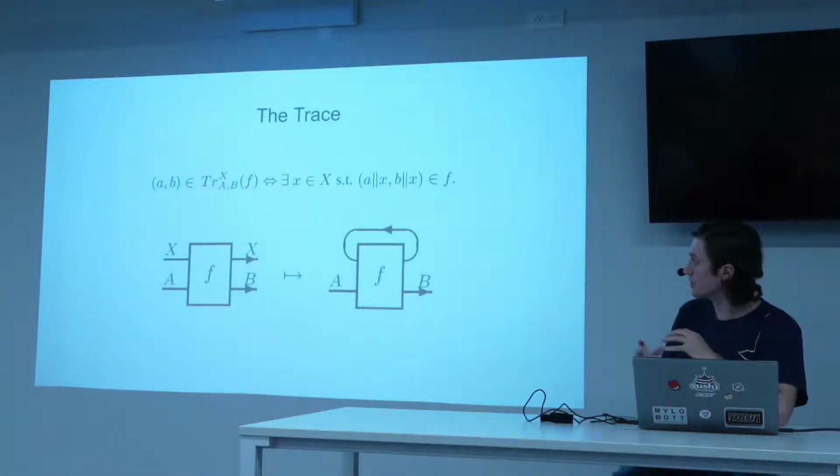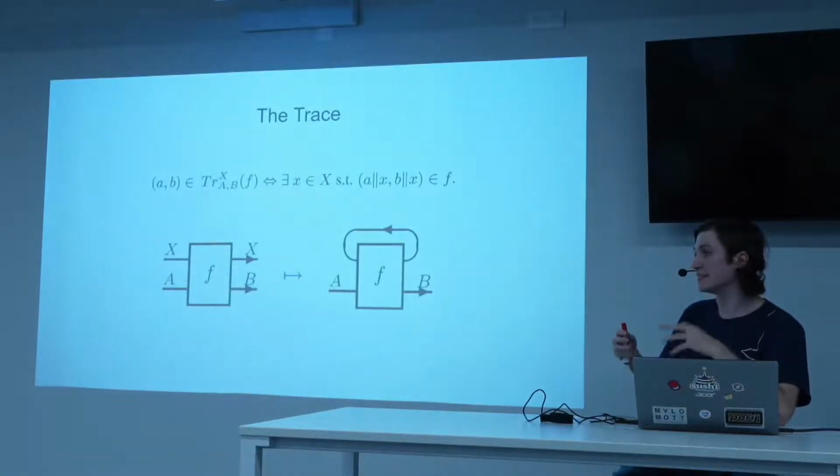So this is defined using notation for relations. A in this case would be the input and B is the output.